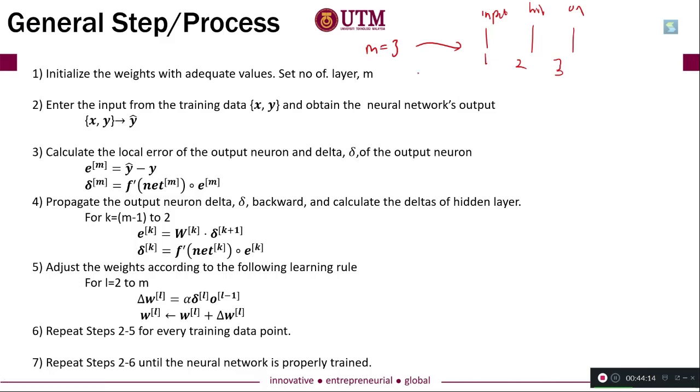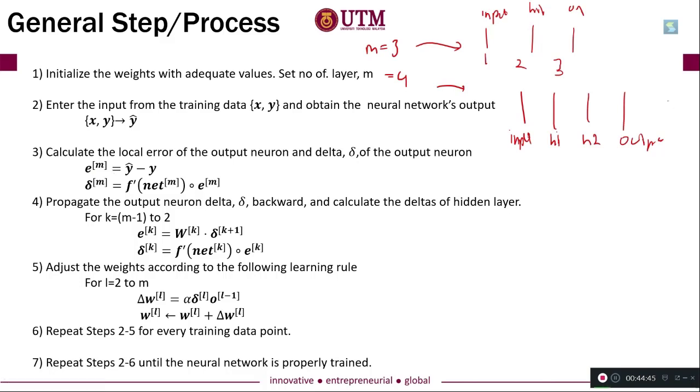Let's say I want to add more hidden layers, I set my M equal to 4. What will happen? You will have 4 layers there. This one is the input layer, this one is hidden layer number 1, this is hidden layer number 2, this is your output layer. So you can still use the same steps here, meaning that M is now equal to 4, so this E here is E4.